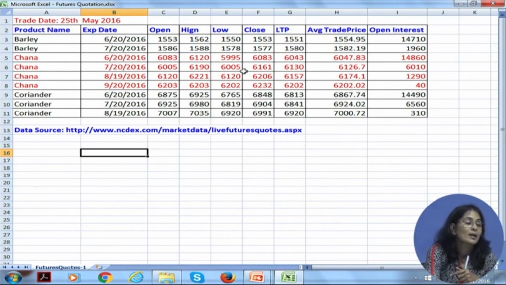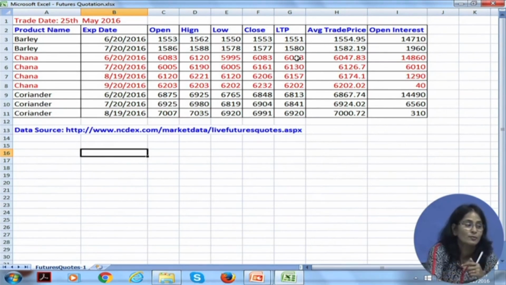The close price will be used to calculate daily mark to market margin, not the last traded price. Last traded price is the last trade which has been executed on the exchange platform, but the close price is the average price of trades happening within half an hour of closing.